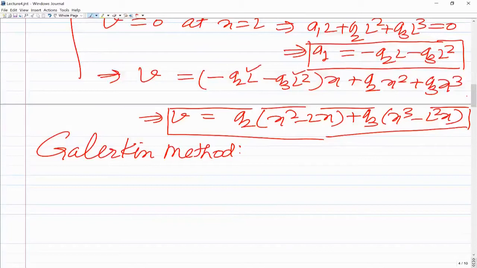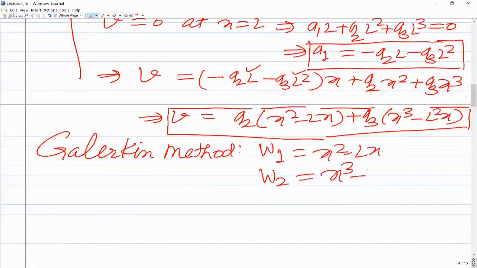Those two simultaneous equations can be generated using two weight functions. One weight function, w1, will be the coefficient of a2, that is x square minus lx. And the second weight function, w2, is the coefficient of a3, the second unknown constant, that is x cube minus l square into x. So these are the two weight functions.